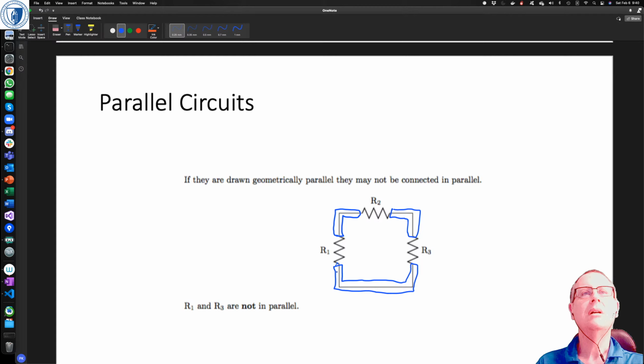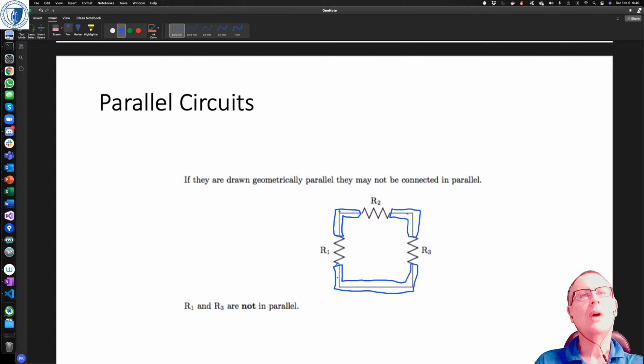Right? And it looks like R1 and R2 are geometrically in parallel. They are. But they're not connected electrically in parallel, right? Because then this node is different from this node.